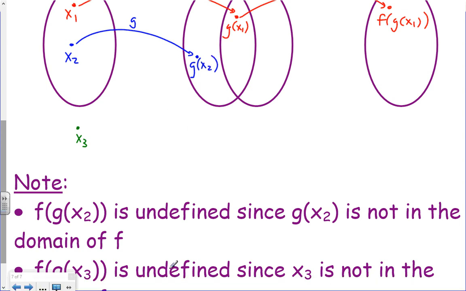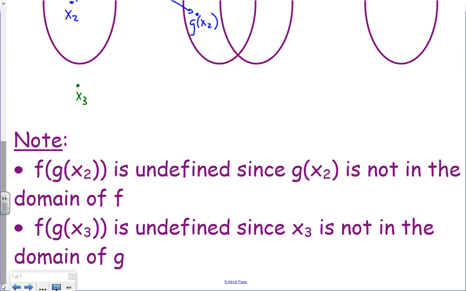Okay, that's the point we're talking about, that it does not lie in the domain of function f, your outside function, so I can't get a result. On the other hand, f of g of x sub 3 is undefined because x sub 3 was not even in the domain of function g, so I couldn't even evaluate it in function g. So I definitely couldn't plug anything into function f either.